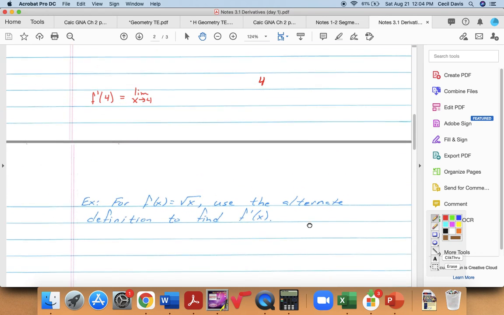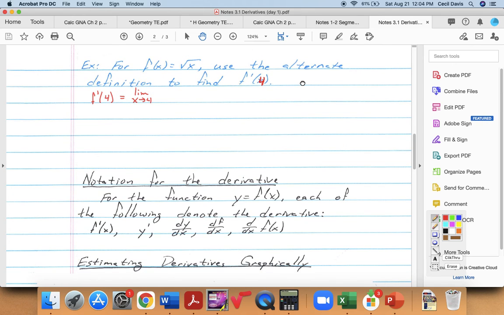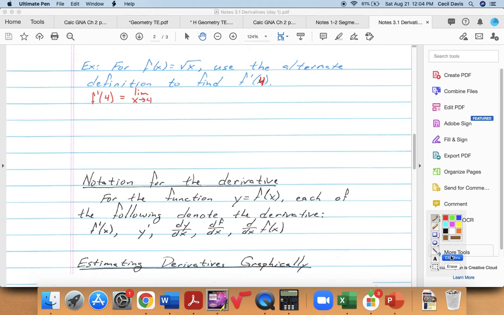Let's say, what was that? F of x minus f of a. Okay. So f of x is the square root of x minus f at a, the square root of 4, all over x minus a.